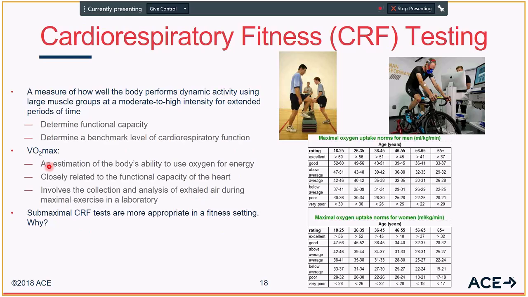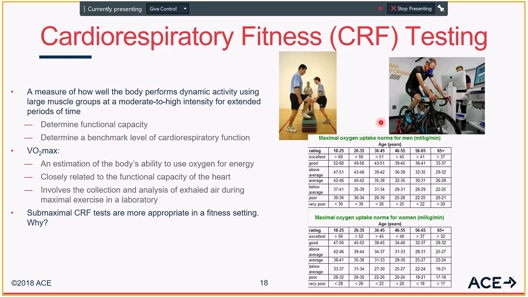So we talk about that in VO2 max. VO2 max, you would do that only in a laboratory setting. So that's what this picture would be up in the corner here. Typically you would have to put on some sort of mask that measures the output of oxygen. And so in a laboratory setting, you're going to push your heart rate to its maximum capacity.